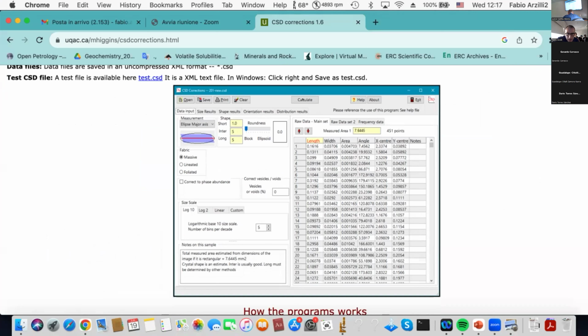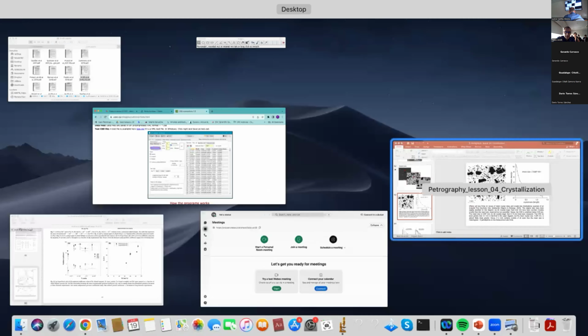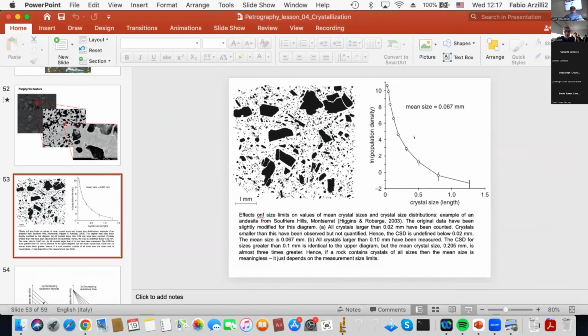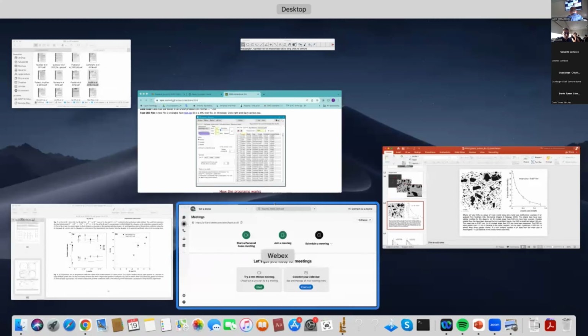Then you calculate, and you will get the values and the diagrams. You will get exactly this one automatically, with the slope. You can calculate the slope directly from the equation, from the program.